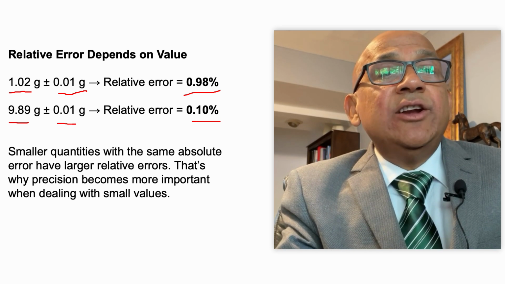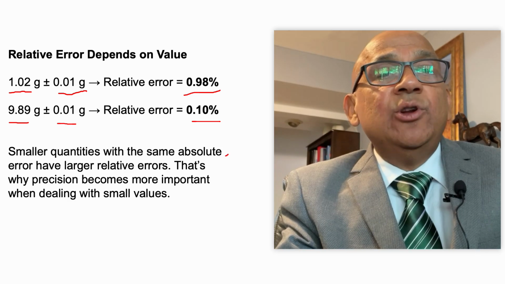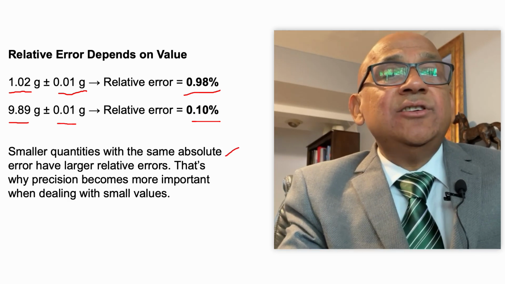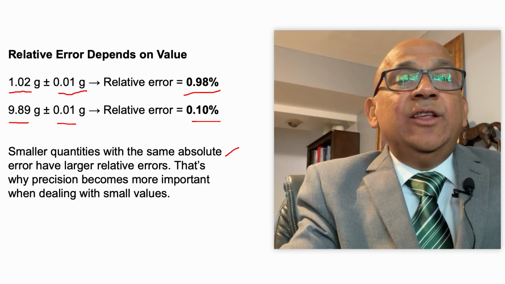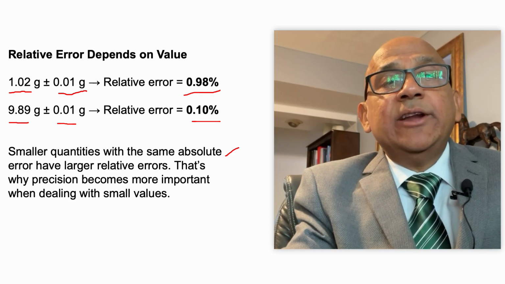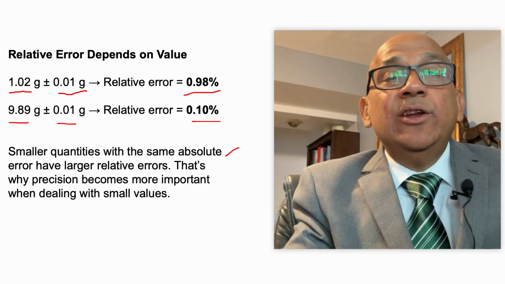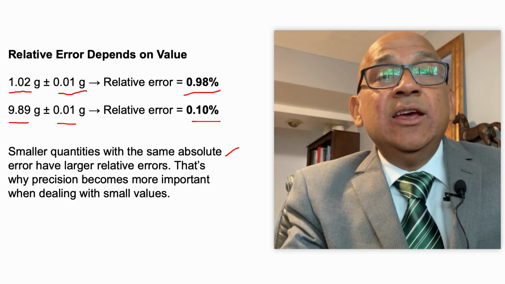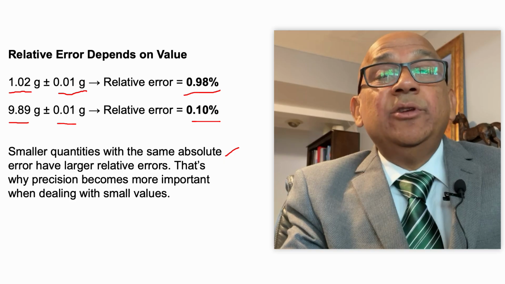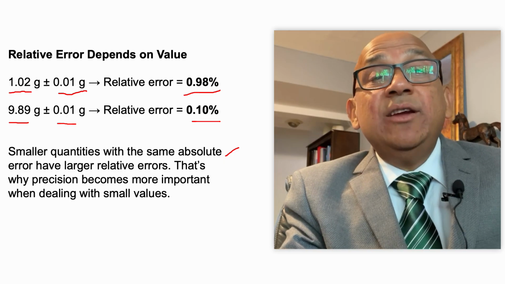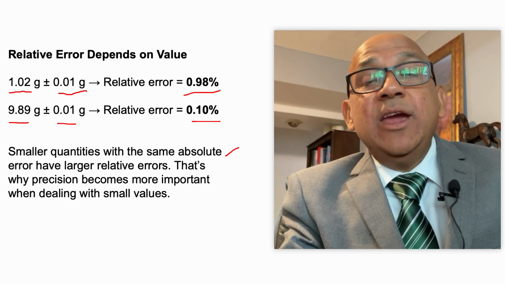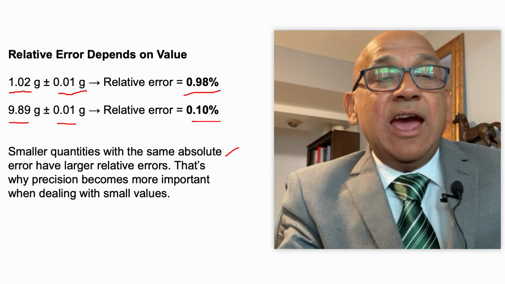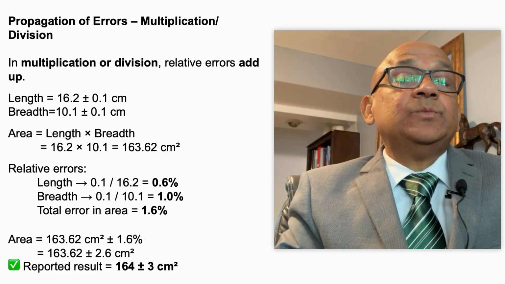So, smaller quantities with the same absolute error have larger relative errors. That is why precision becomes more important when dealing with small values. When you are weighing very small quantities, your precision should be very high, otherwise you will make big errors in your calculations.